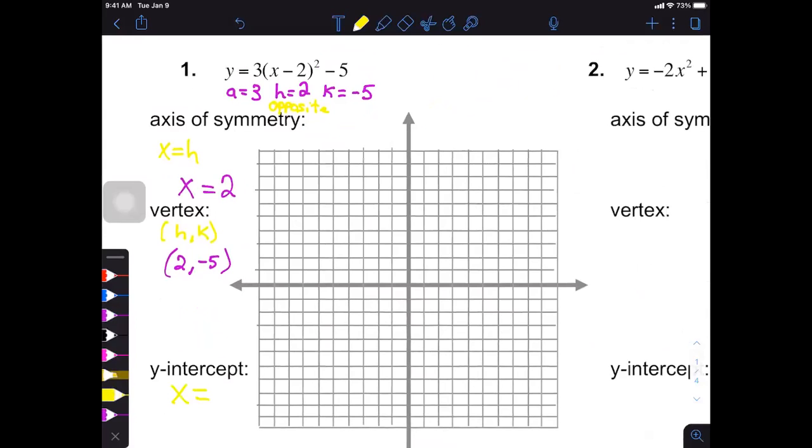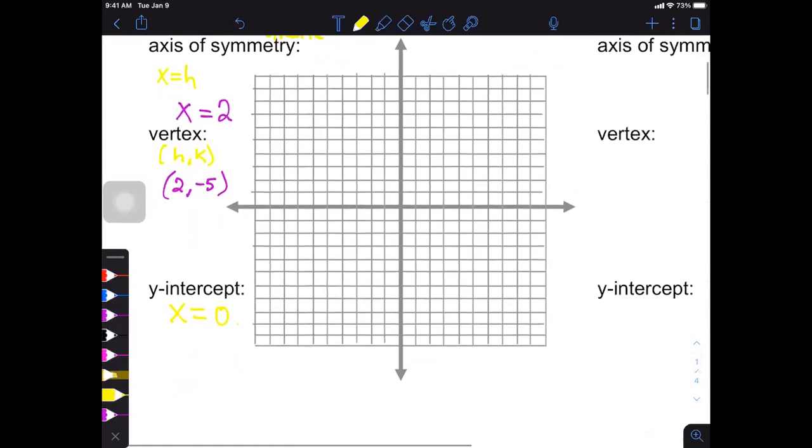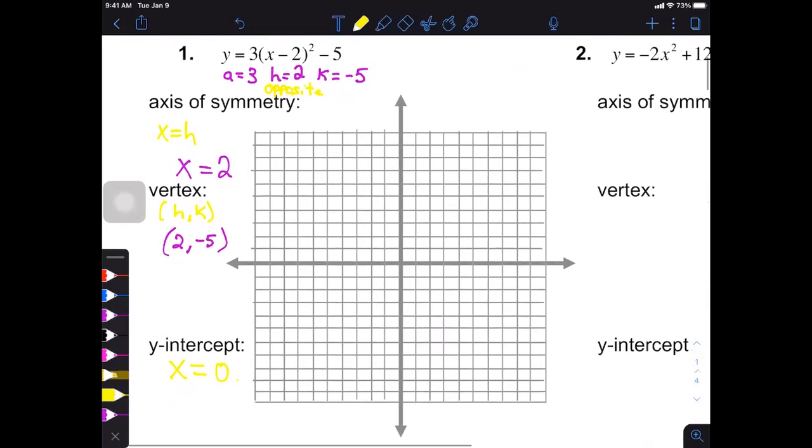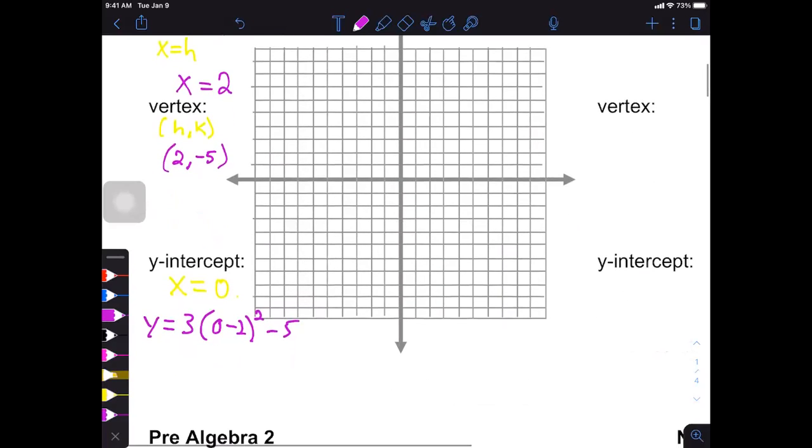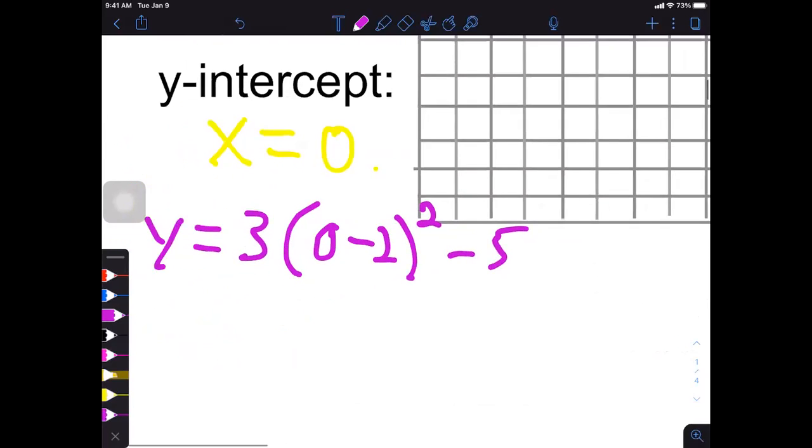For this one, we're going to find out when x equals 0. We're going to plug in. So we get y equals 3 times (0 minus 2) squared minus 5. Bill, using the order of operations, what do I do first?